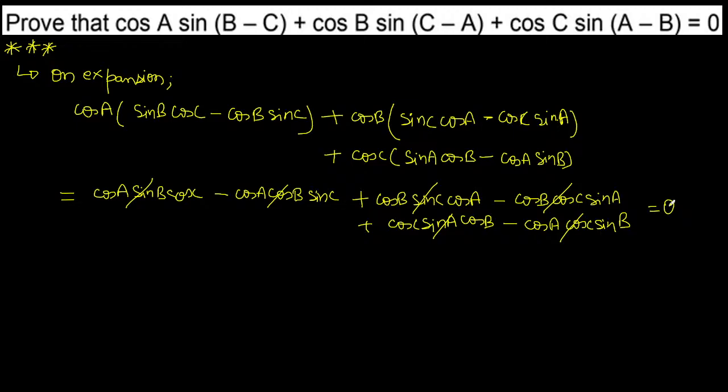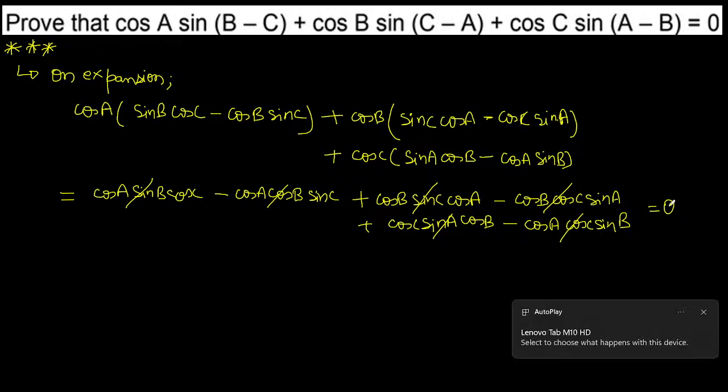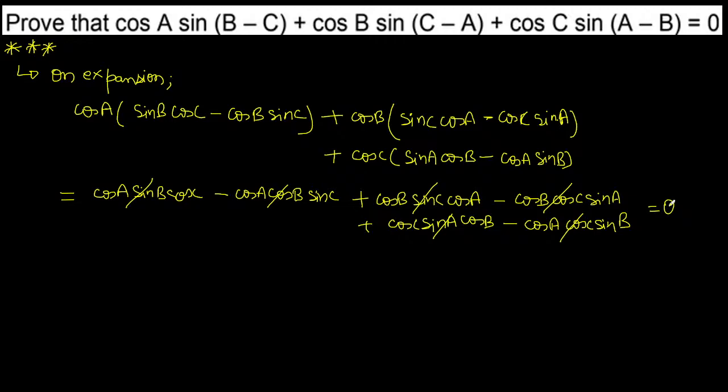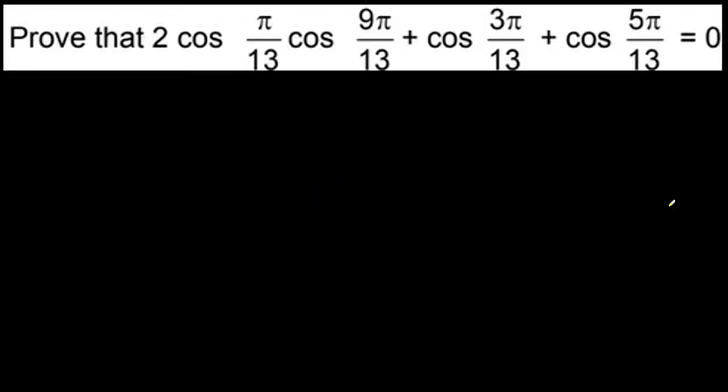Simple expansion. So the aim for this question was to think how we could solve it using the sin C plus D formula. Other ways like simply expanding it, yes, are also possible.